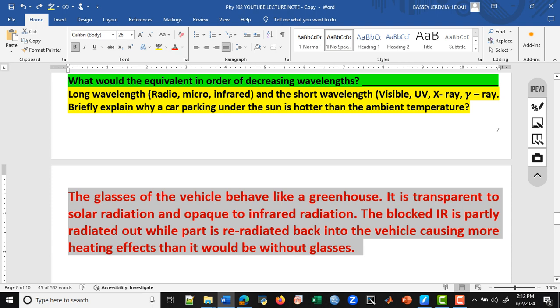When it re-radiates in the form of heat, it does not have the same amount of energy to escape through the glass, but rather becomes opaque to the windscreen and is not able to escape. So very little of it escapes, and the other part comes back into the vehicle. The process continues like that, such that you see an increase in the temperature of that vehicle.